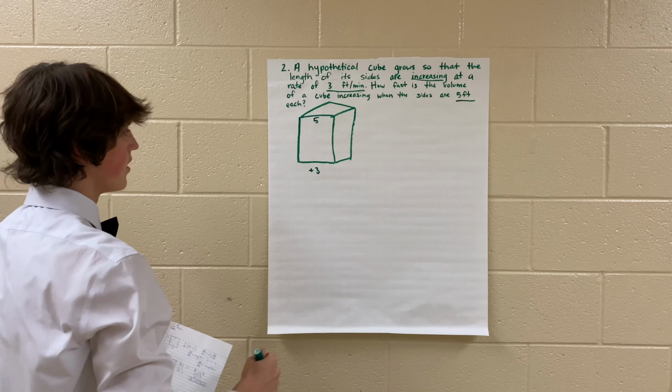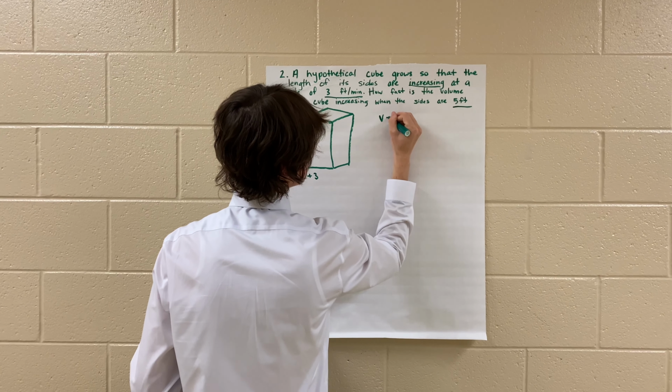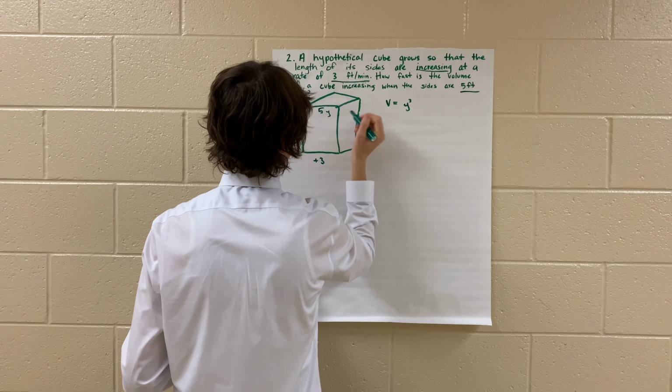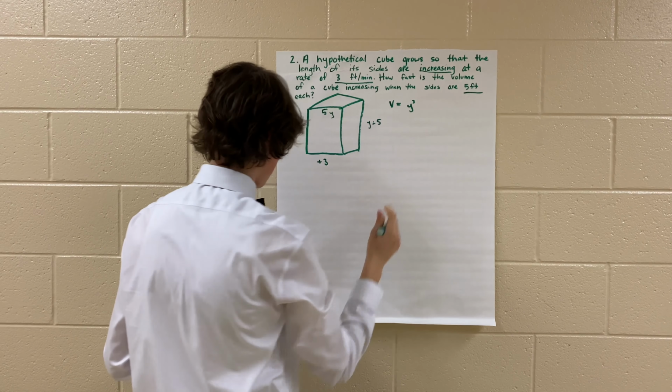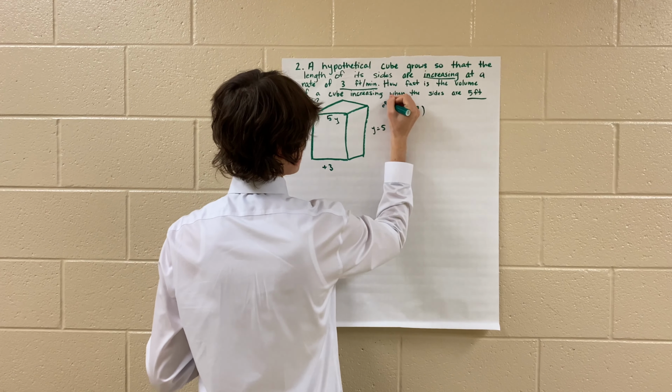And then our volume formula is V equals y cubed, and this should be our y. So we know y equals 5. And then we're going to derive this, d over dx.